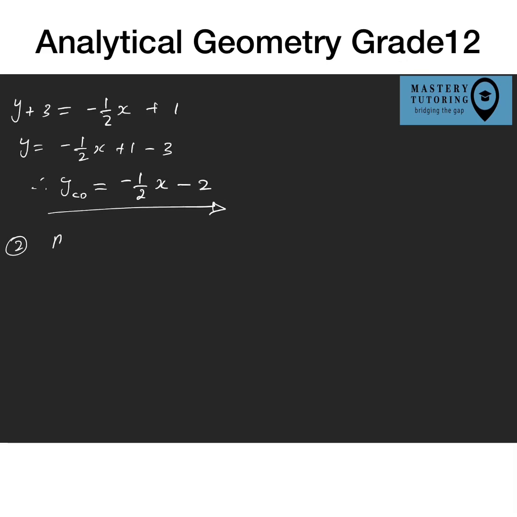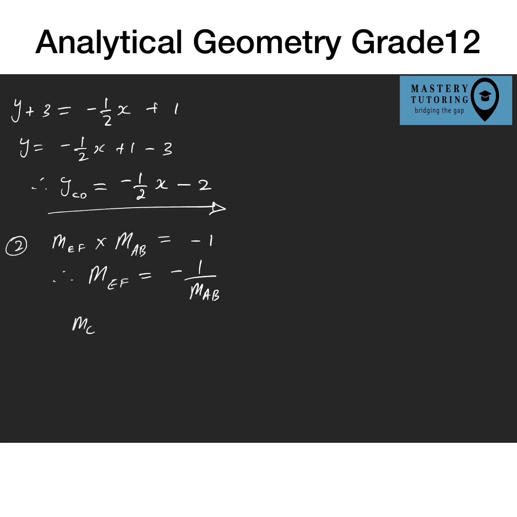To find the equation of line EF, we know that the slope of EF times the slope of AB should give us minus 1. Therefore, MEF is going to be minus 1 over MAB. We know from the previous example that MAB is minus 1 over 2. Therefore, we substitute it here.